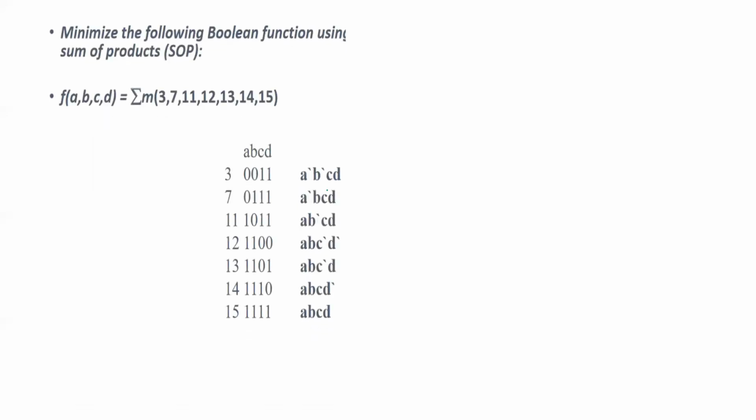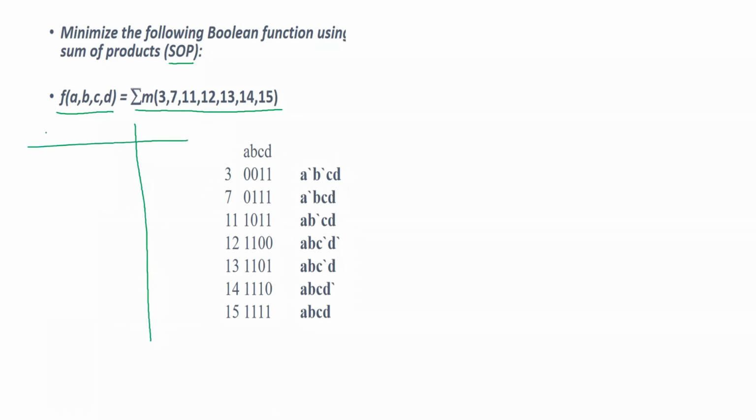So now, suppose I give you a Boolean function in a sum of product form, and the other form which I have also shown you like this, and I ask you to minimize it. So how are you going to do that? The first thing is you will go for the truth table. So truth table, you already know.